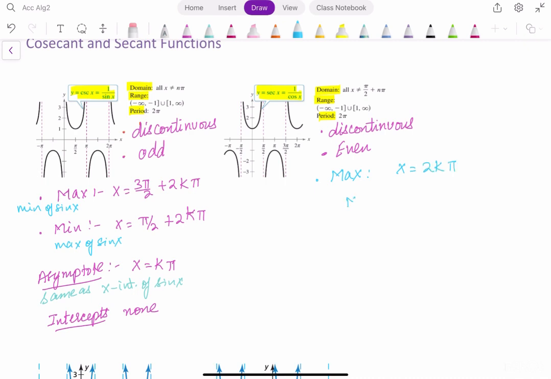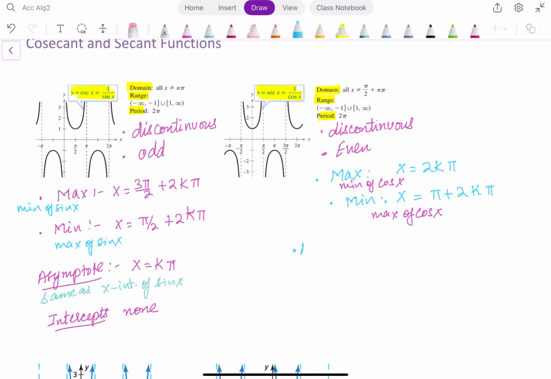Downward facing U is the bounce on the min of sine. So the same thing with the secant function, max is 2k pi and min is pi plus 2k pi. And the max is nothing but the minimum of cos function, and the minimum of secant function is nothing but the maximum of cos function.